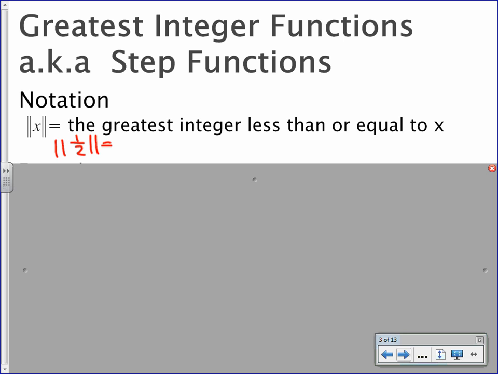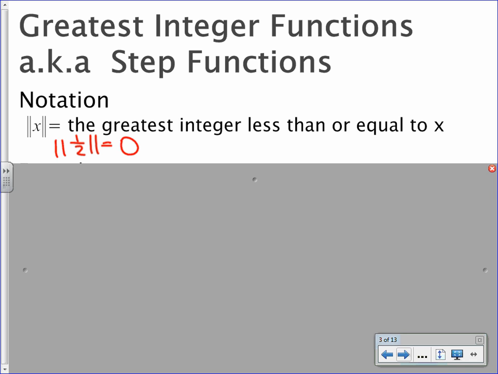Integer, we're talking about 1, 2, 3, 4, -1, -2, -3. You know what integers are. What is the integer that is less than this? What would this bump down to? 0. If it's not an integer, we're going to bump it down to whatever integer is below it.